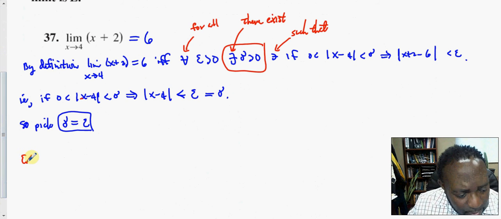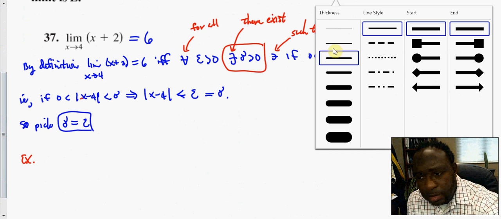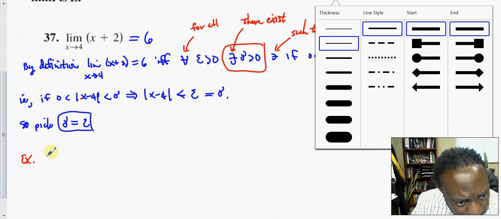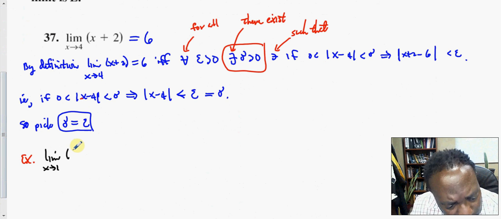Let me give another example. Let's look at the limit as x approaches 1 of 3x minus 5.